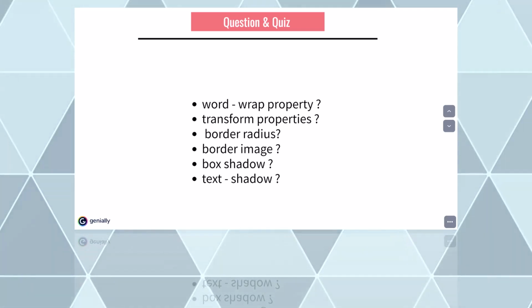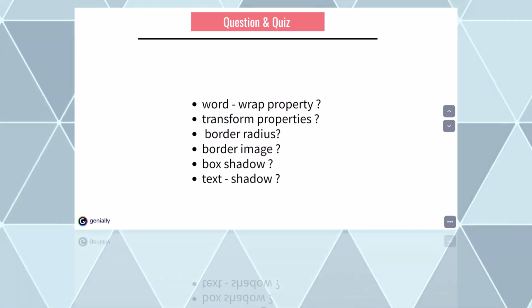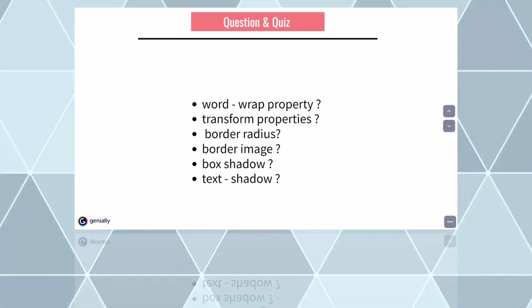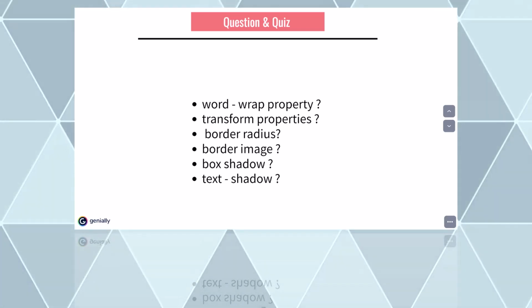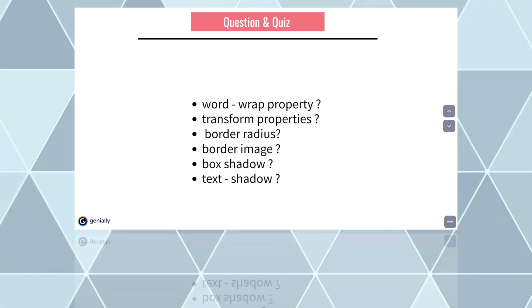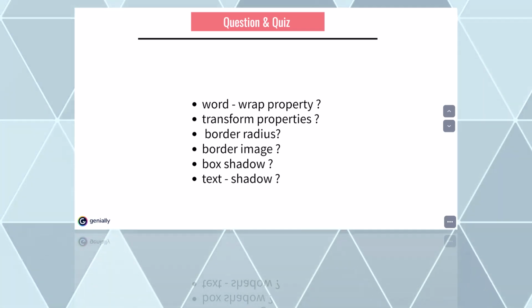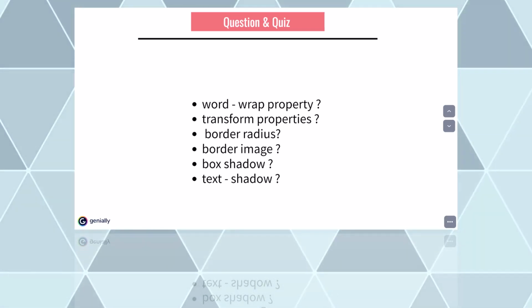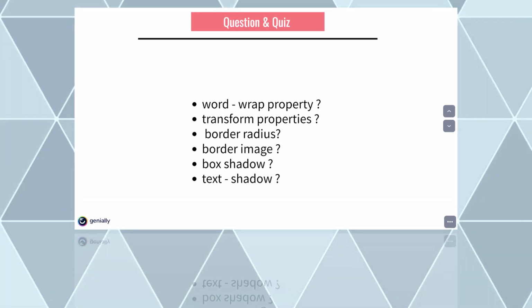I want to see that, and use the transform properties, and also the border radius. Shadow. Text shadow.